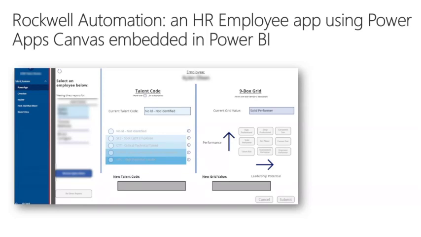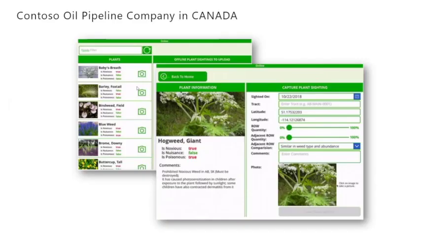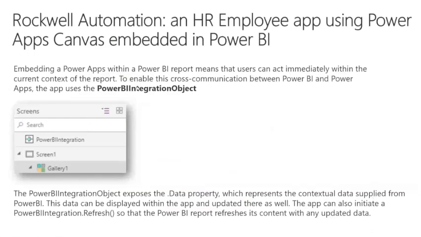So embedding their Power App within their Power BI report made sense so that they can act on that data right away. Again, they are using the same pattern that you see in SharePoint integration or Teams integration. There is this object here, Power BI integration. If you are doing an embedded SharePoint, you will find a SharePoint integration object. Depending on what you're building, this object will have some functions exposed. In the case of Power BI, it exposes some nice functionality.